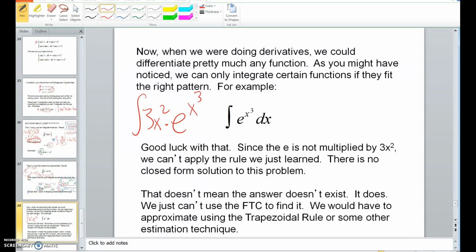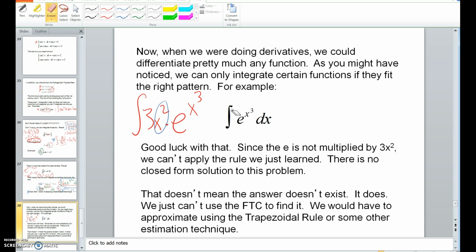And I can't do any little math trick to make an x squared appear here. I can multiply by just a number inside and outside the integral, 3, 1/3, or whatever, but I can't make variables appear. So since there's not any kind of x squared out in front here, there is no antiderivative.